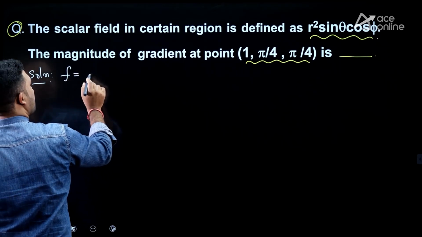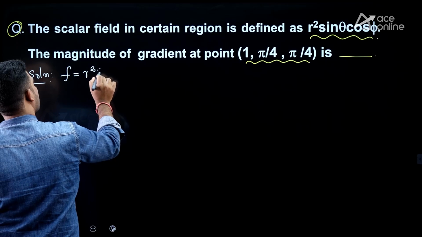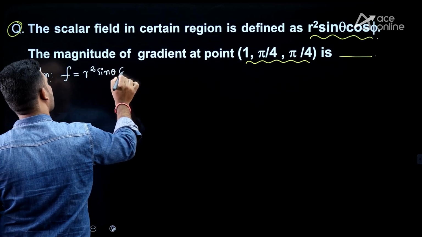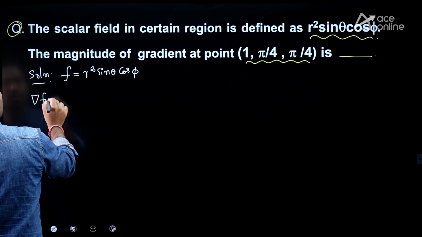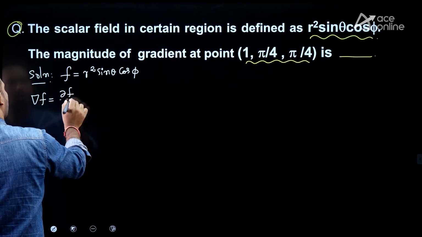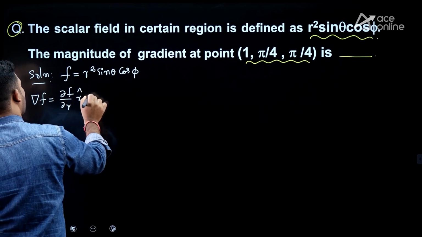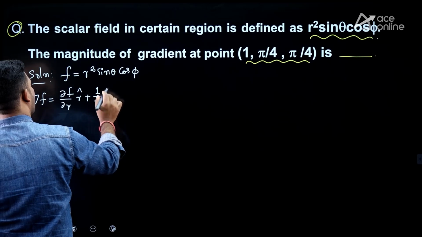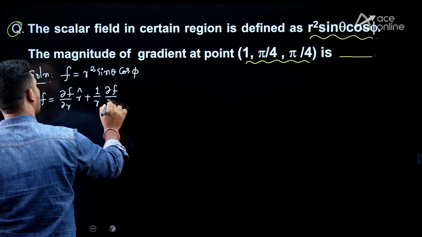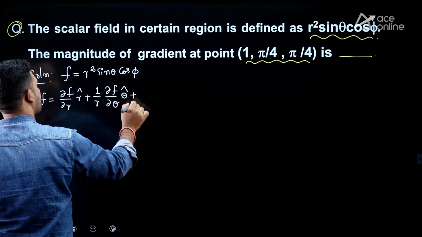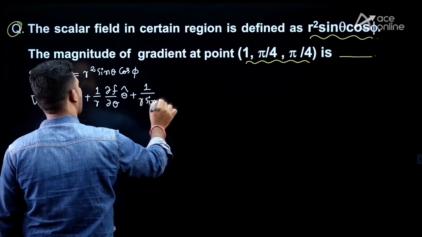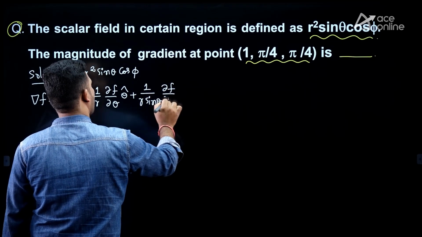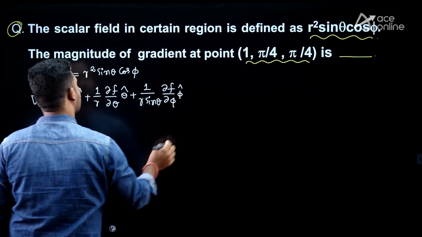F is equal to, it is a spherical coordinate system, r square sin theta cos phi. So what is the gradient formula in the spherical coordinate system? It is dou F by dou r, r cap, plus 1 by r into dou F by dou theta, theta cap, plus 1 by r sin theta, dou F by dou phi, phi cap.